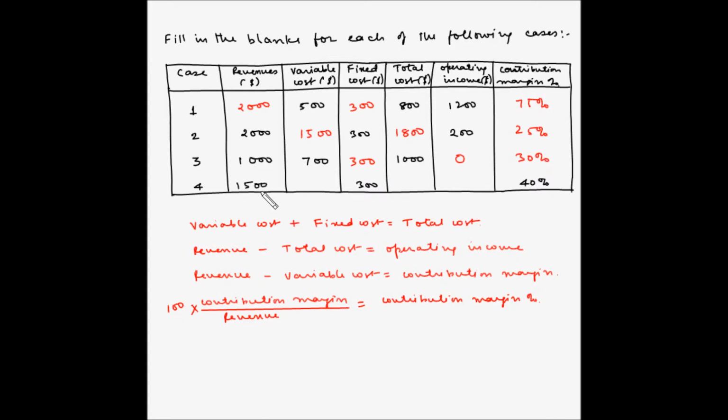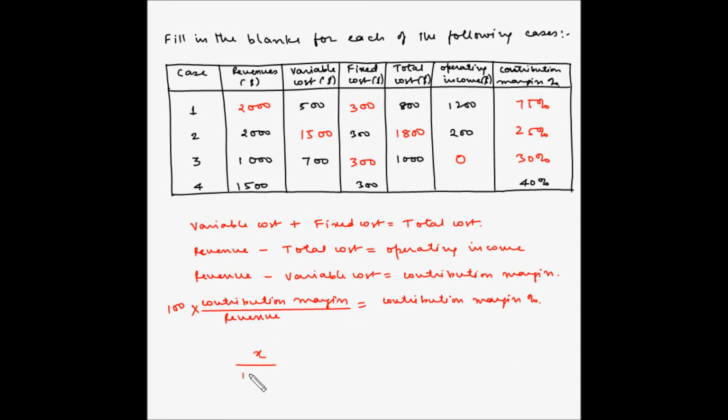Now for the fourth case, we have been given the revenue, which is 1500. We don't have the variable cost. We have the fixed cost. We don't have the total cost. We don't have the operating income, but we have the contribution margin percentage. So contribution margin percentage here is 40%, and contribution margin percentage is contribution margin divided by revenue multiplied by 100. So let me do some calculations here. So the contribution margin is unknown, that is x.